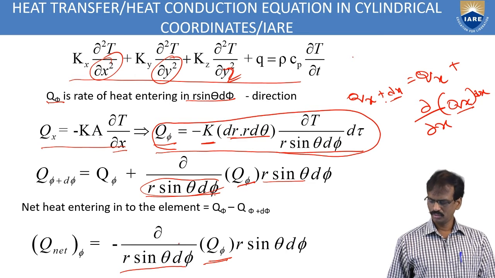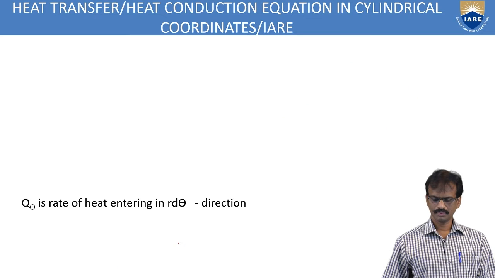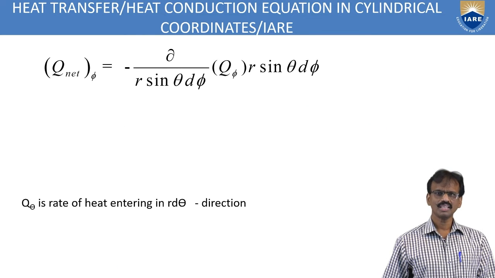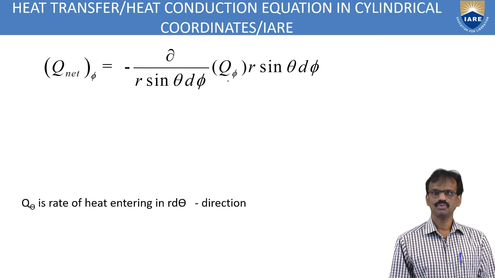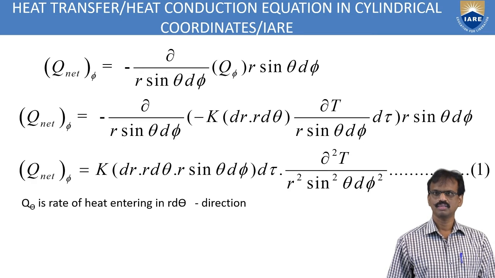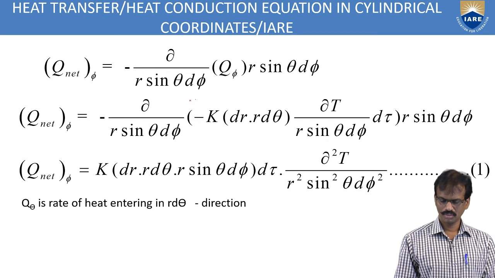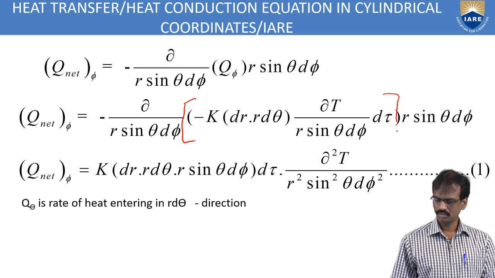Okay. So we'll see the next slide. So q net with respect to pi is equal to minus dou by r sin theta d pi into q x r sin theta d pi. So substitute the value of q pi here. Here I am substituting this one. Okay.